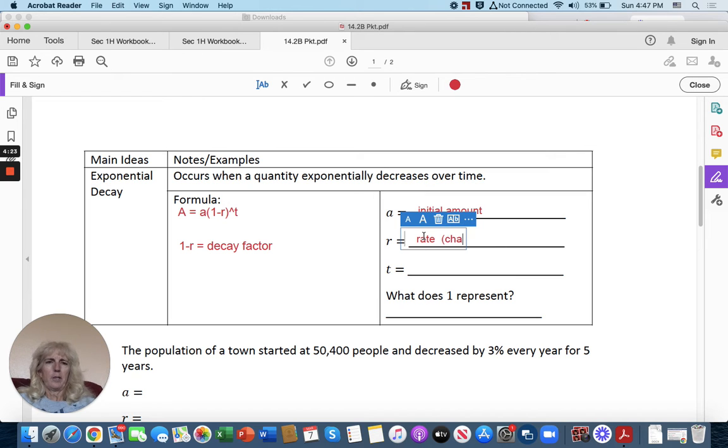So I would also put here change percent to decimal. And then t is time, how much time, and generally it's by year. So it says, what does 1 represent? Like 1 over here and 1 over there. It represents 100%.